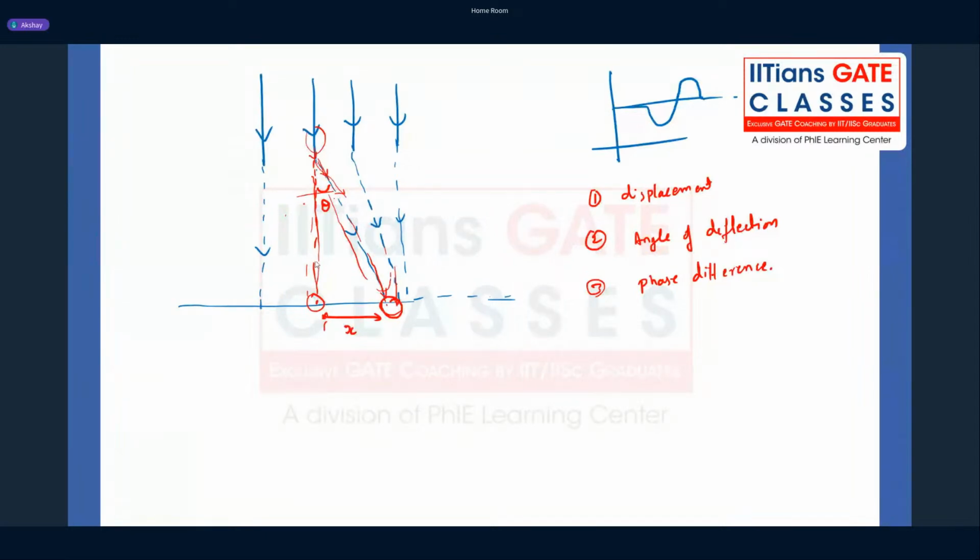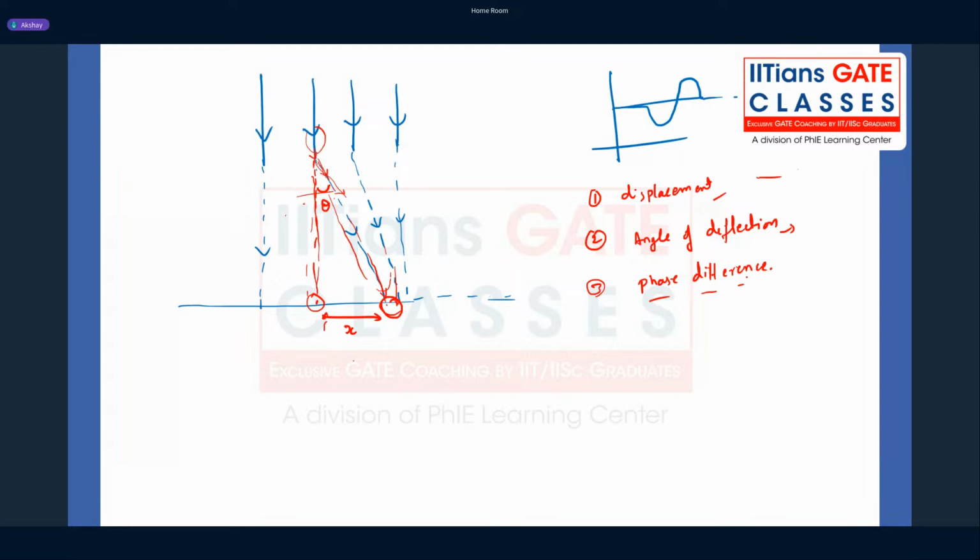Okay. So these are the three different things we can measure. One is displacement x, the angle of deflection of the light ray, that is theta, and the phase difference. This idea of phase difference you must have done in your high school physics. You did this interferometry experiment, right? Or diffraction kind of experiments, right? You saw these diffraction patterns, right?